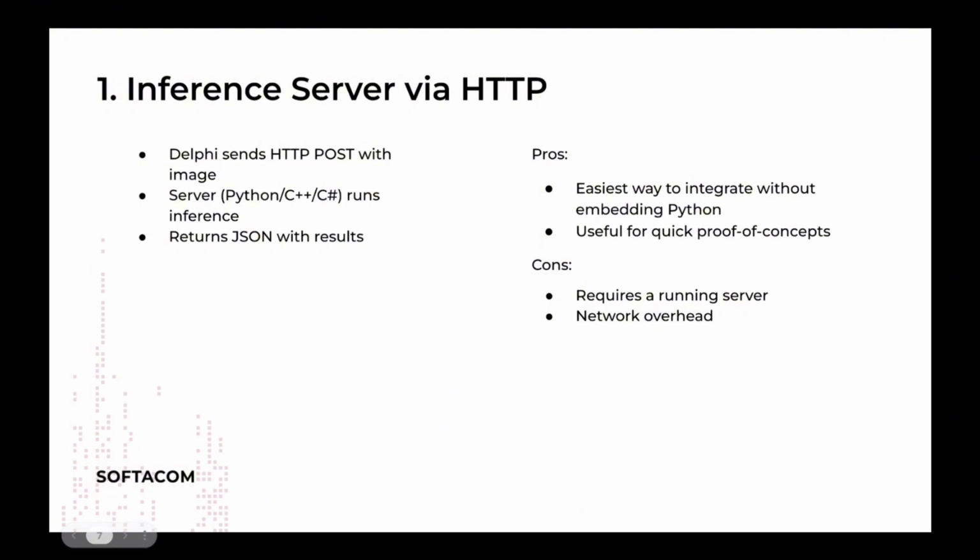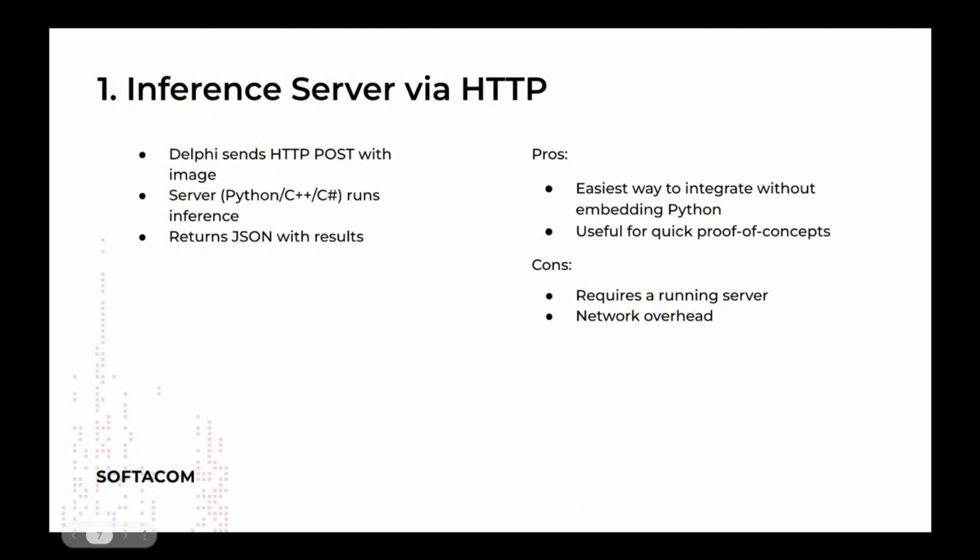The Delphi application sends HTTP post requests with image data to an external inference service. The service, implemented in Python, C++, or C#, loads the model in ONNX format, performs inference, and returns JSON responses with results. This decoupled architecture offloads computation from the UI and improves performance.